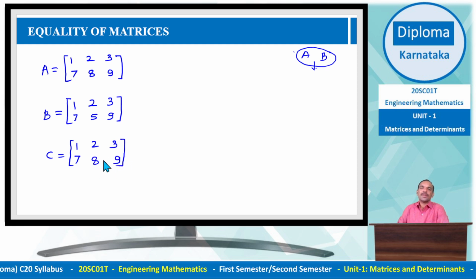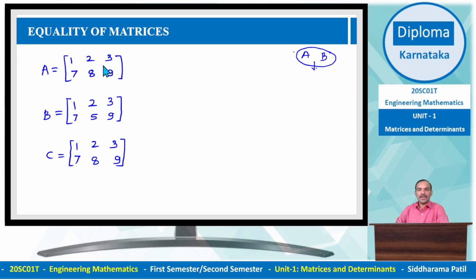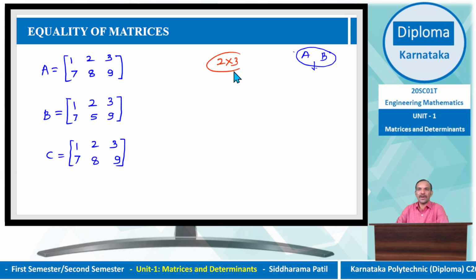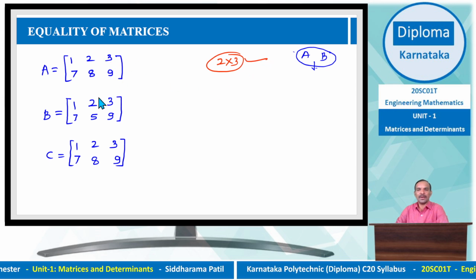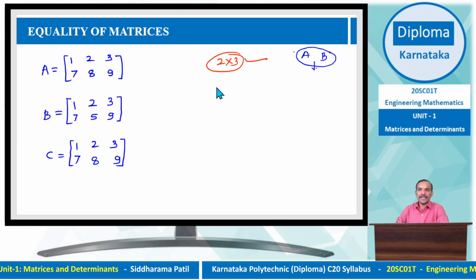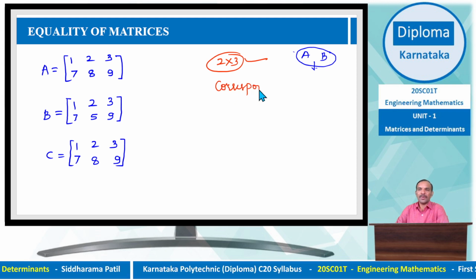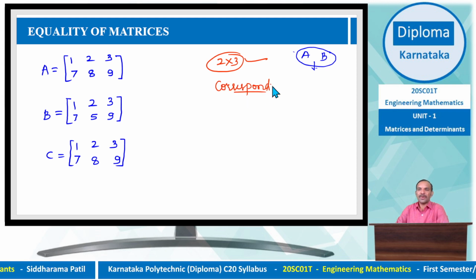Here I have considered 3 matrices. You can observe that the order of all 3 matrices is the same, that is 2 rows, 3 columns, 2 cross 3. That is the first condition: to say 2 matrices are equal, the order must be the same. Next, the second condition is that corresponding elements must be the same. What is the meaning of corresponding elements?